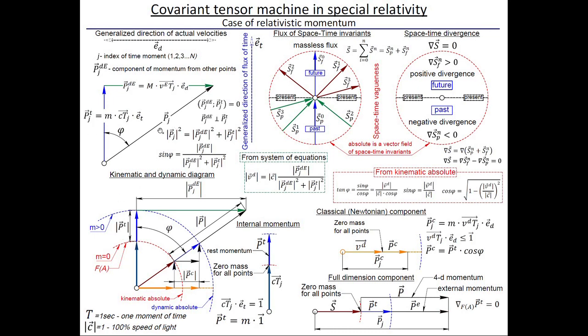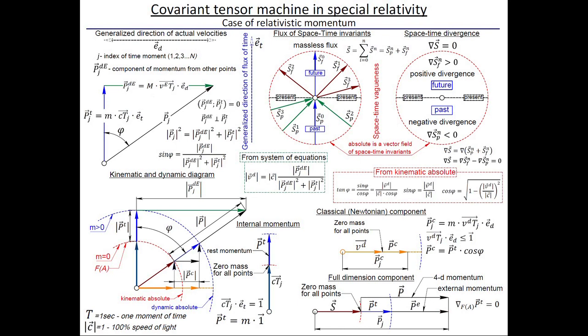Pj is a sum of two vectors, Ptj and Pdej, but this diagram doesn't give me an understanding about mass interaction. I don't know whether mass m and big M sum up or not.